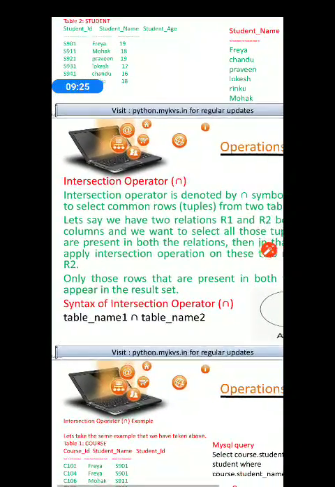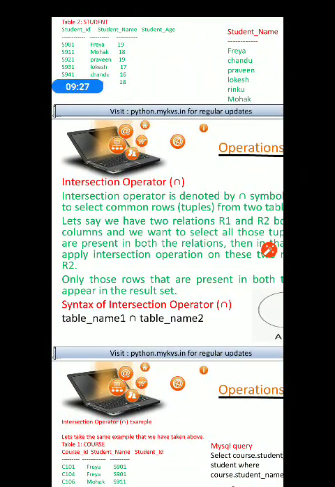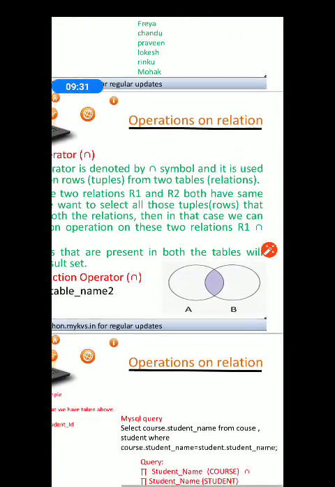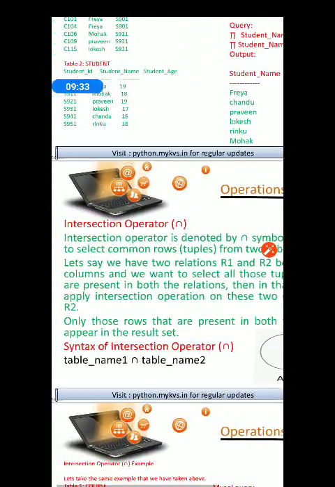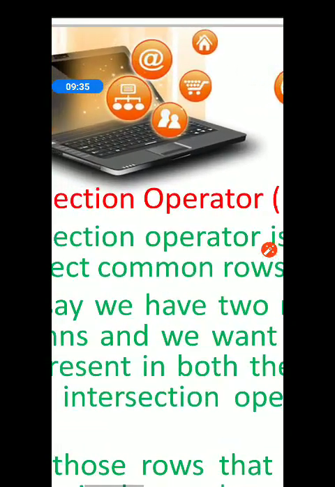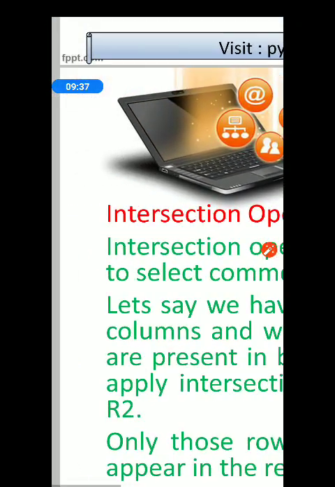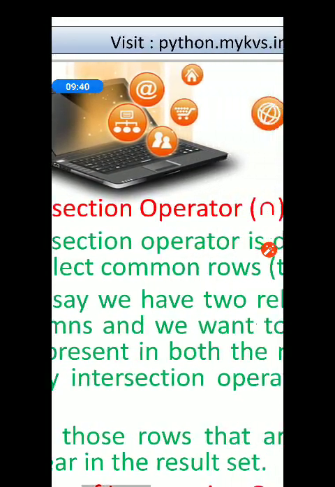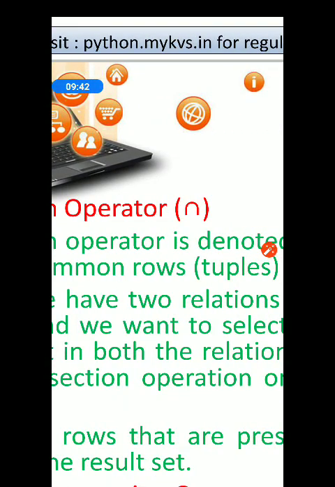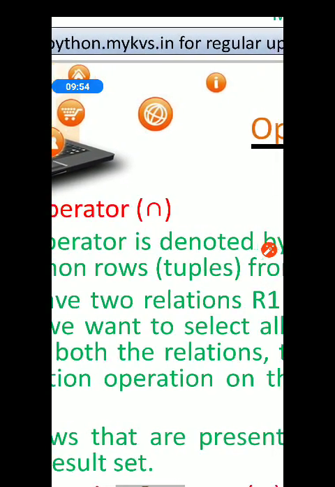Come to the next operation, intersection operation. Please give the heading intersection operation, and of course please note down the symbol. It is U, but in inverted manner.